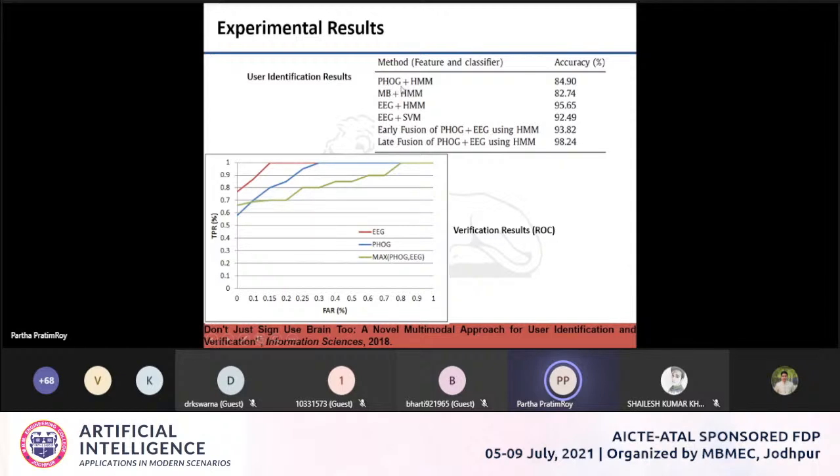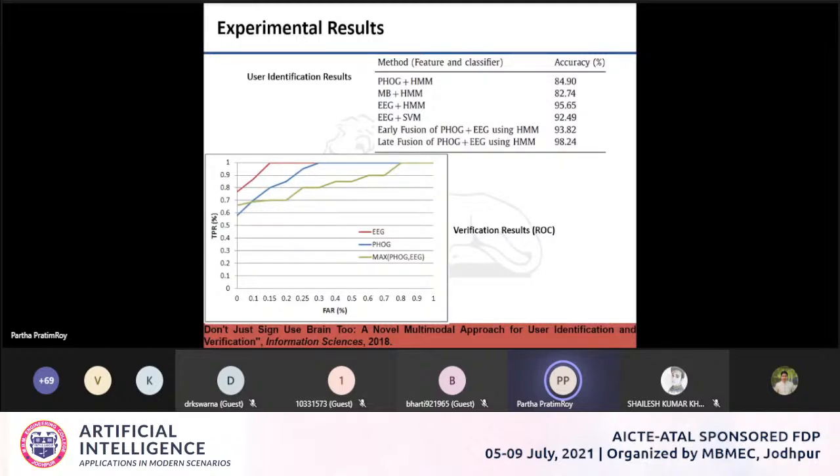For example, here we are seeing that with image processing, only for signatures, the results will be 84%, 85%. If we are using EEG, accuracy is 95%, because EEG is actually more close to the user and it's very difficult to forge. You can copy my signature, but it is very difficult to copy my EEG signals during my signature.